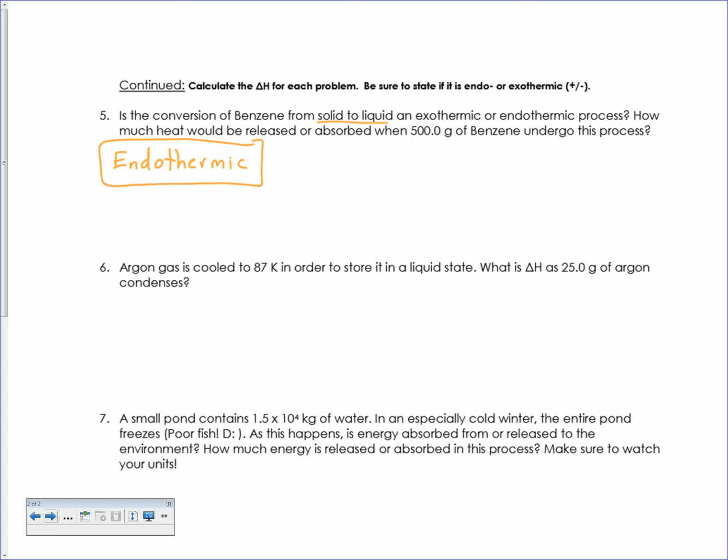Okay, the next thing we're going to do is set up this table here. We know that we have 500.0 grams of benzene. And then if you look up the heat of fusion for benzene, you see that it's 126.3 joules required to melt it for 1 gram of benzene.